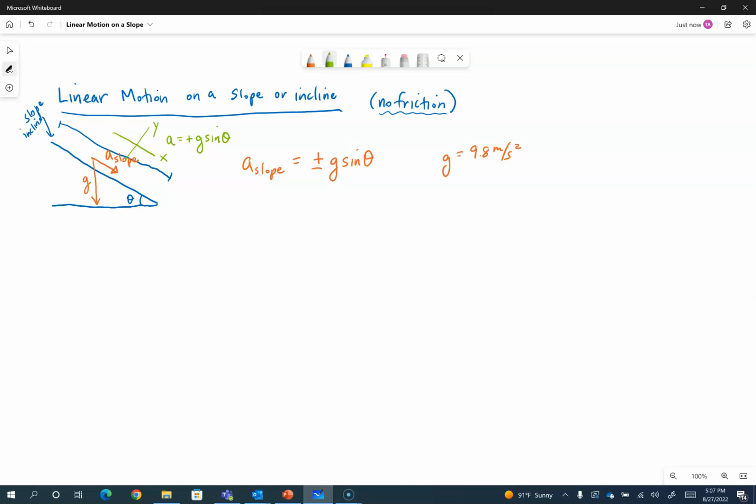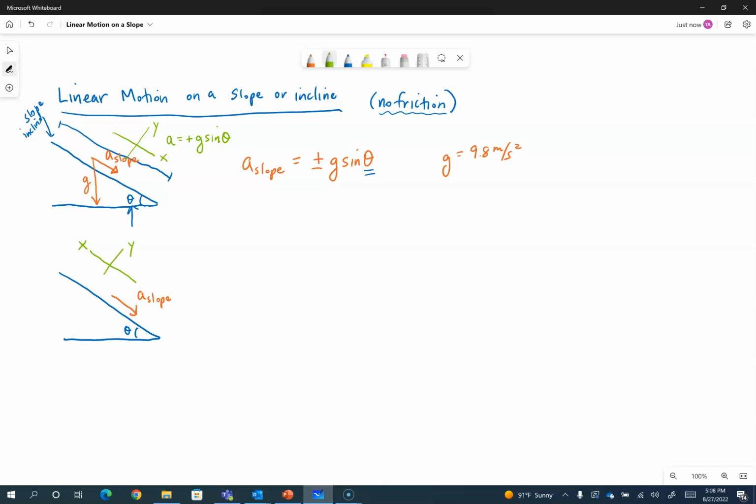But it's totally valid to choose up the slope. Let me draw a new slope. And by the way, theta in this equation is the incline of the slope measured from the horizontal. In this second slope, a on the slope still points down, but suppose we were solving a problem where the object was moving up the slope and we wanted to call that direction the positive x direction.